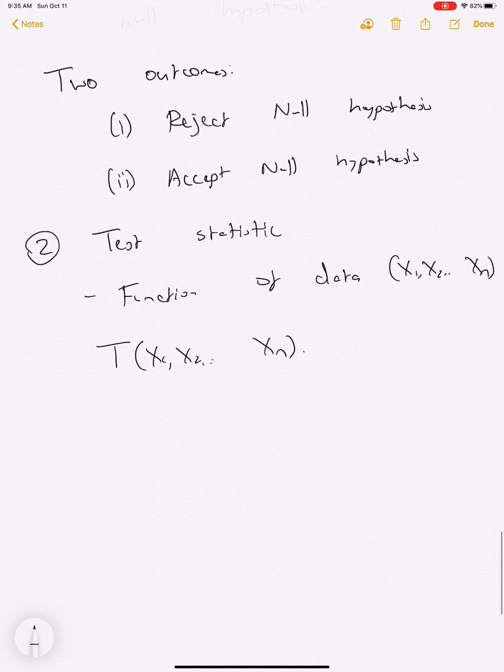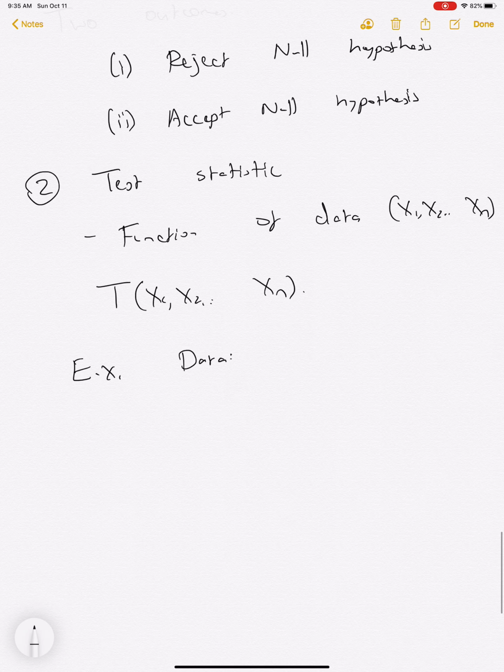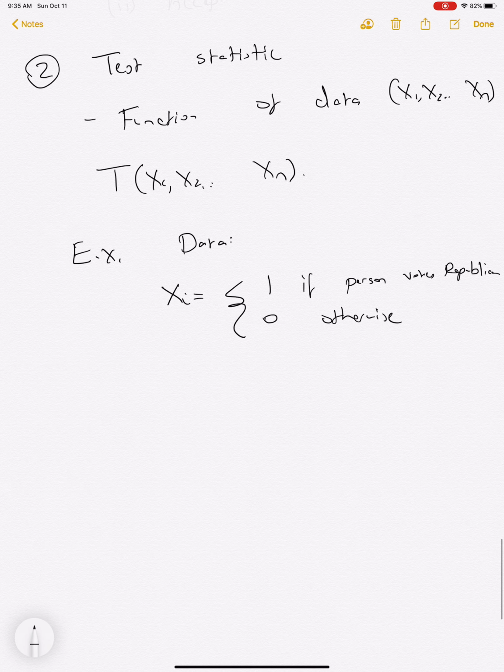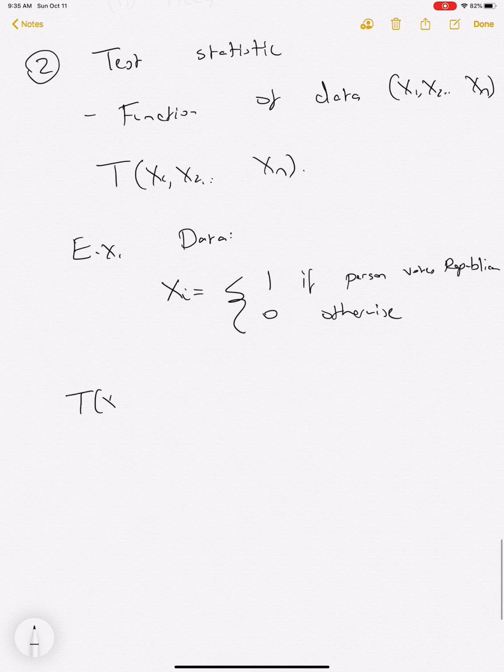For example, in our voting example, if xi is 1 if the person votes Republican, and 0 otherwise, then one perfectly reasonable test statistic you could think about is the sample mean.